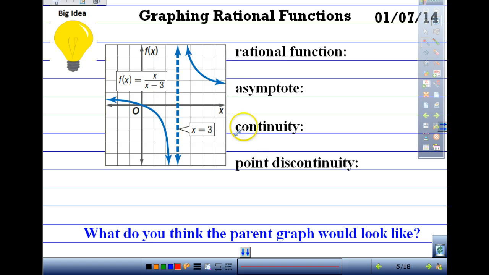Okay, so we have this word, asymptote. And we're talking about vertical at this point. Like here, this is the vertical asymptote.